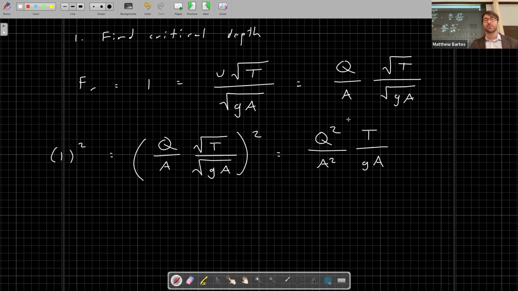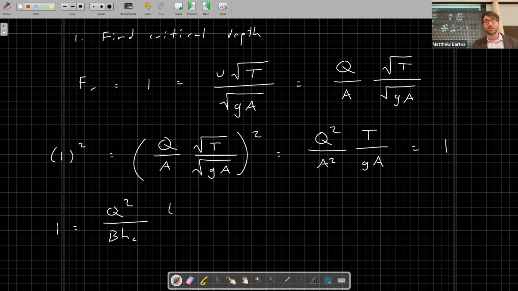So I have expressions for, I think I heard someone say it. Very good. So the cross-sectional area will be equal to B times H. We'll end up with 1 is equal to Q squared over B times HC for the critical depth, this whole thing squared, by the way, times T over G times BHC.